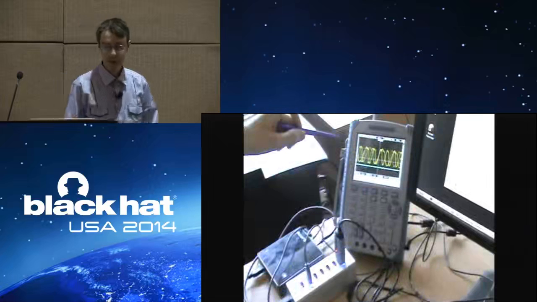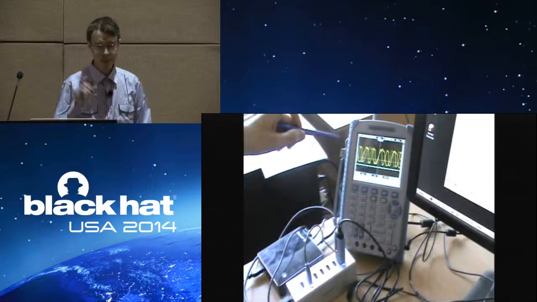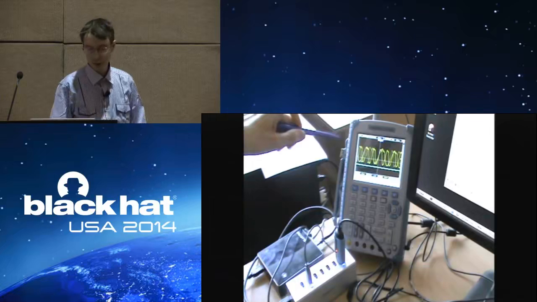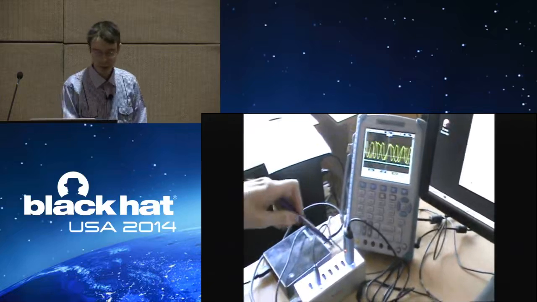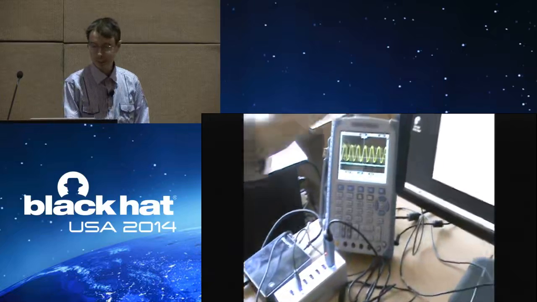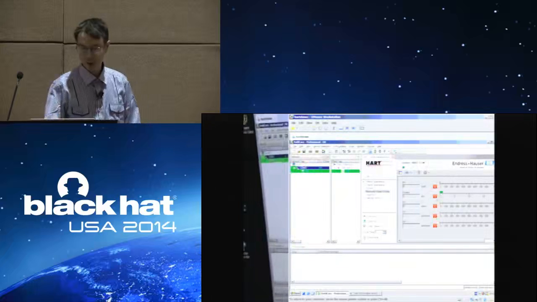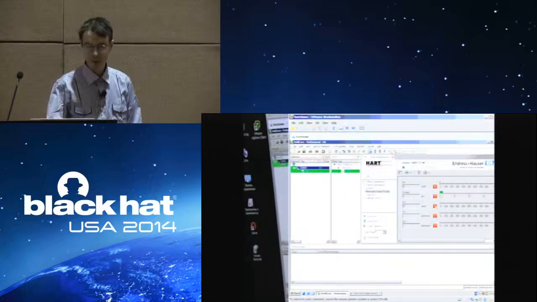You could see a strange sinusoid with very high amplitude, and it's a jamming signal. I'm jamming the HART line to intercept any communication on the line. You can see that the HART modem is getting a bit crazy after this signal, and as you can see, it's a communication fault, a communication error on the FieldCare screen.